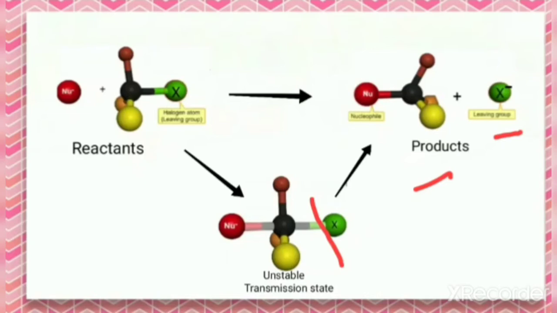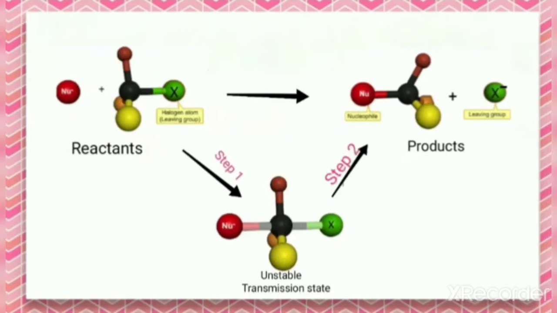So how is this reaction taking place? The reaction is taking place by the formation of an unstable intermediate, and then only the product is formed. So this is represented as step 1, and this one will be step 2. So this reaction is taking place in 2 steps.